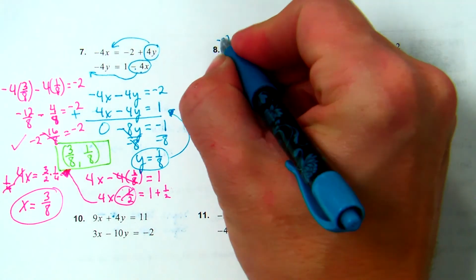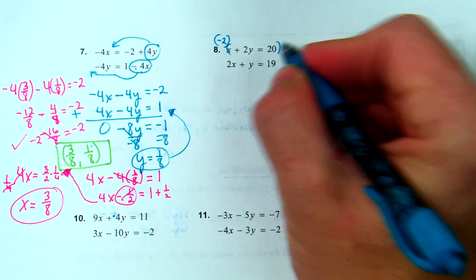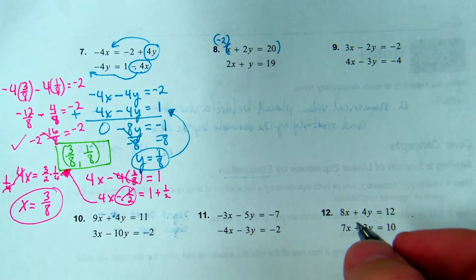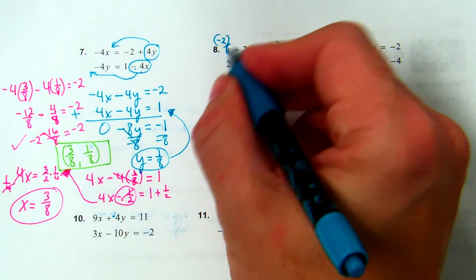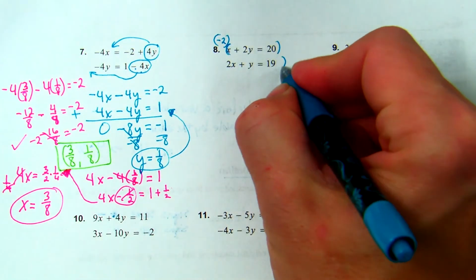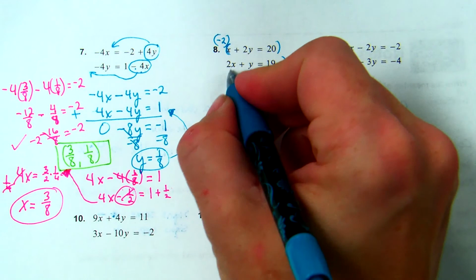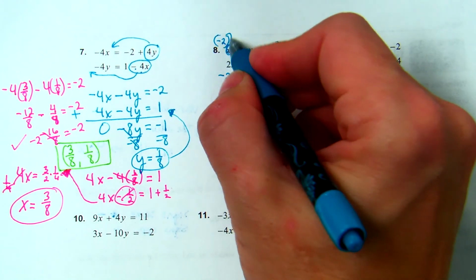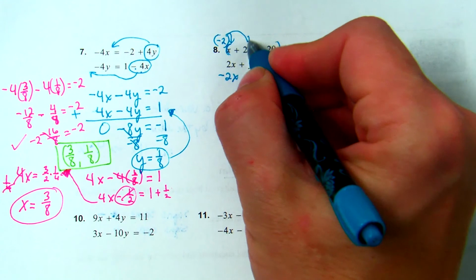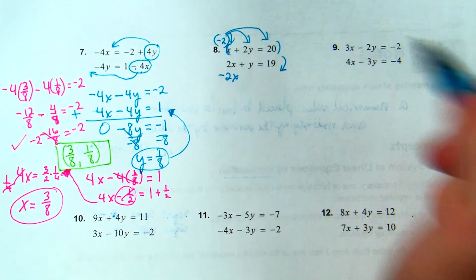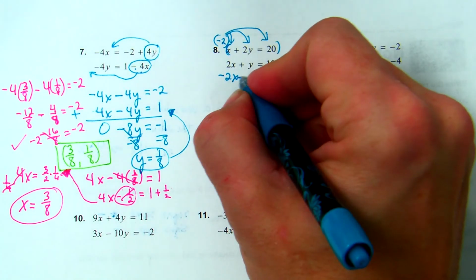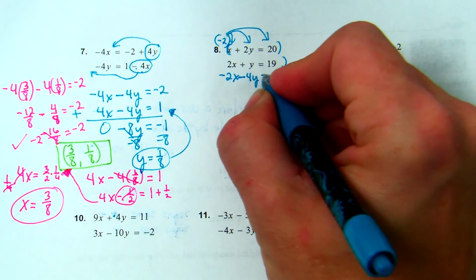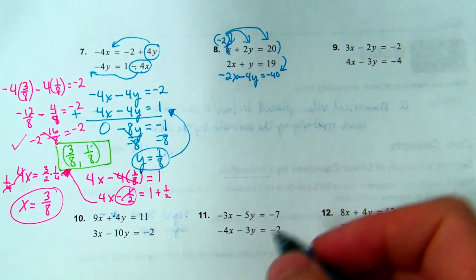So if I multiply the entire equation by -2, I'm just going to rewrite this on the line below it so that I can keep these together. This is going to be -2x, -2 times x, right? -2 times 2y, and -2 times 20. So I'm going to have -4y equals -40.